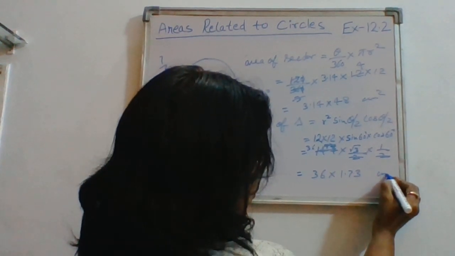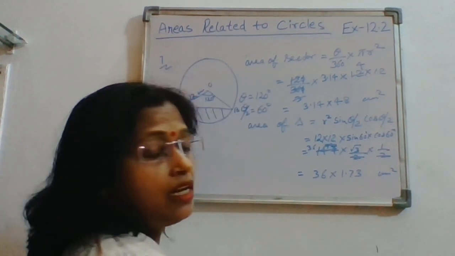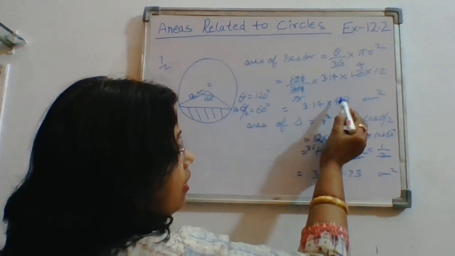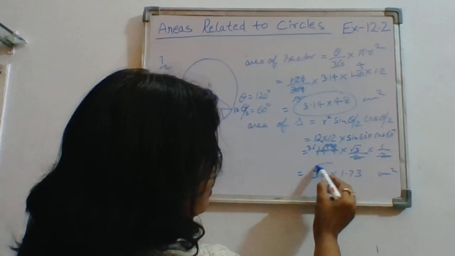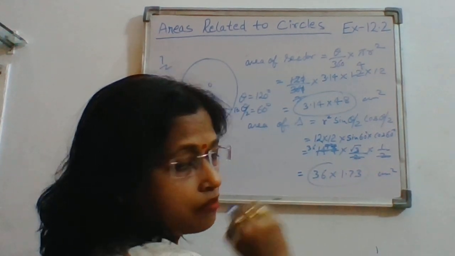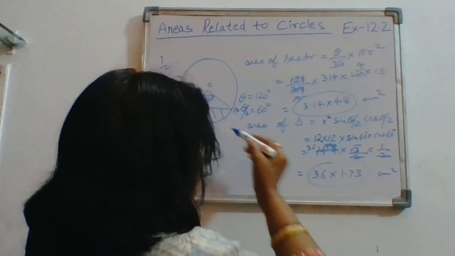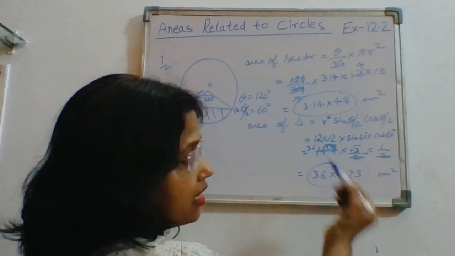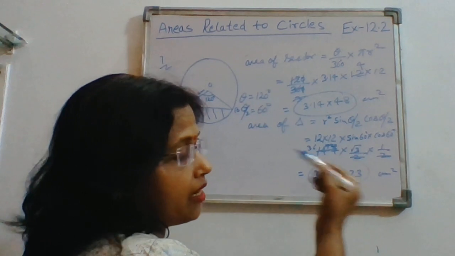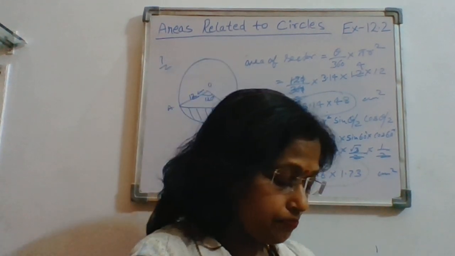Multiply this, you will get the area of the triangle. Now area of this minor sector and area of the triangle we have calculated. So area of this segment will be equal to area of the sector minus area of the triangle, right? Multiply and then subtract it.